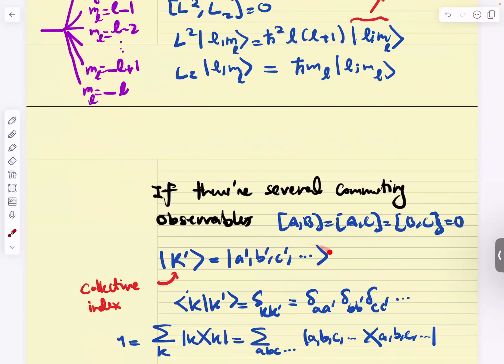This is sort of redundant, as I said earlier, so there's a more compact notation here. There will be a bunch of numbers. They're called quantum numbers, right? The numbers that you put in your kets to label your states by the eigenvalues of the simultaneously commuting observables. They are the quantum numbers.